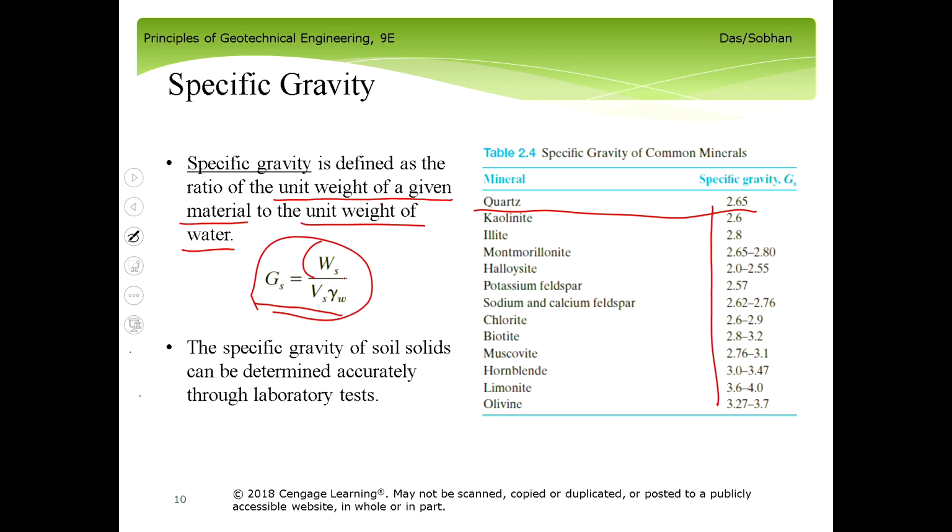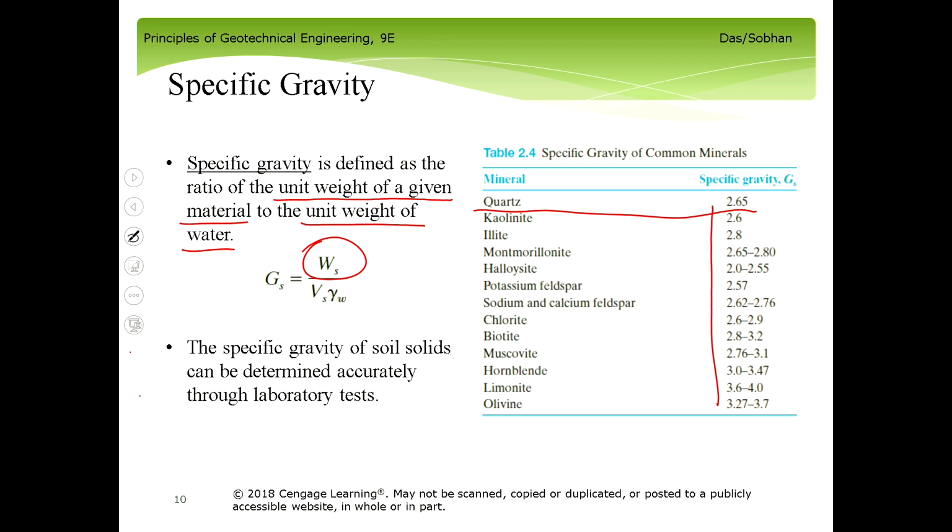This is the weight of the material. This is the weight of water, right? The weight of water, we just write it as Vs gamma W. Why do we write it as Vs gamma W? Because we compare the same volume of the material and water.